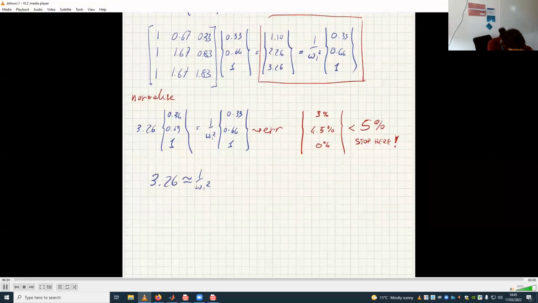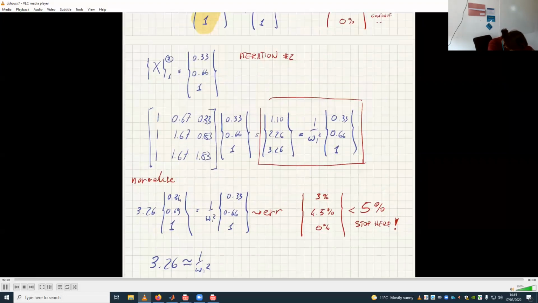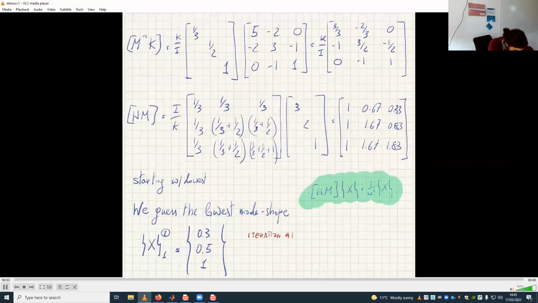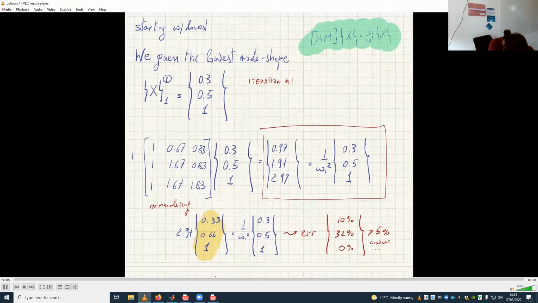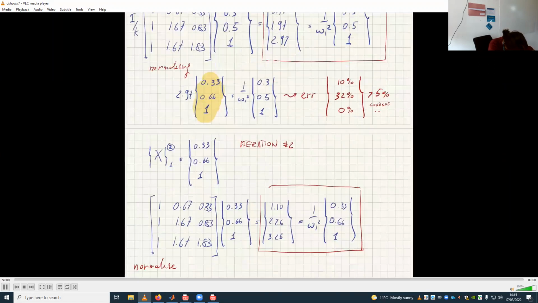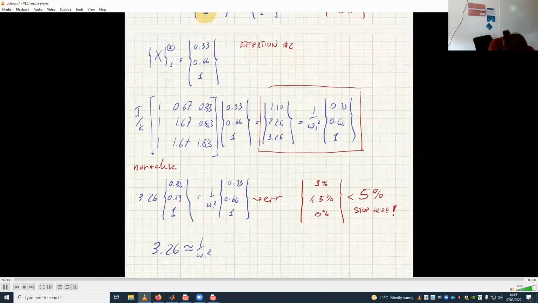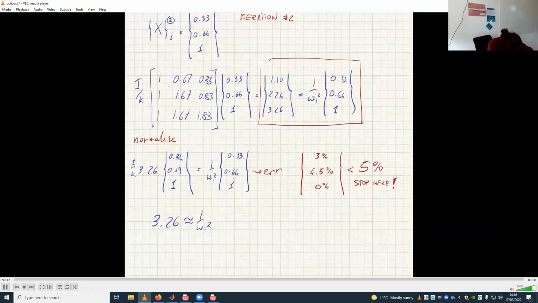Well, in that case, omega 1 is, oh, guys, I am always forgetting here that HM is I over K times this. So remember, I over K and I over K. So whatever we get here, we get I over K. So 3.26 I over K is almost equal to 1 over omega 1 squared.